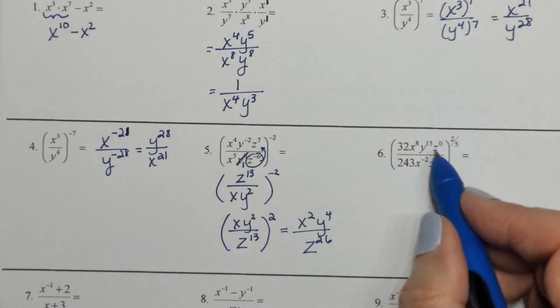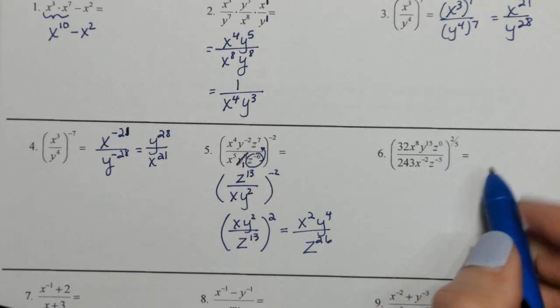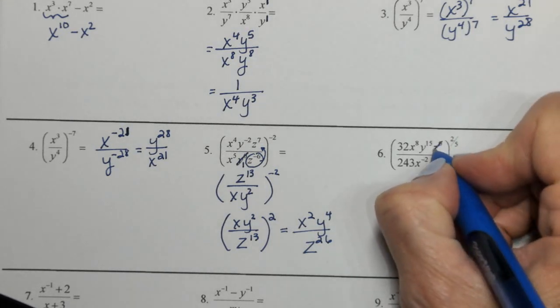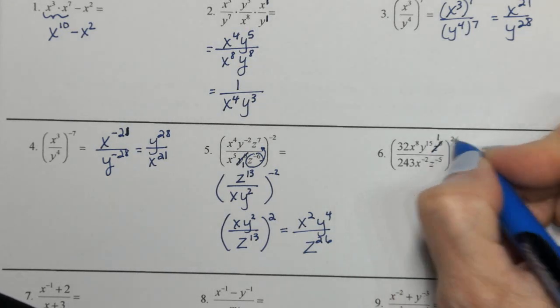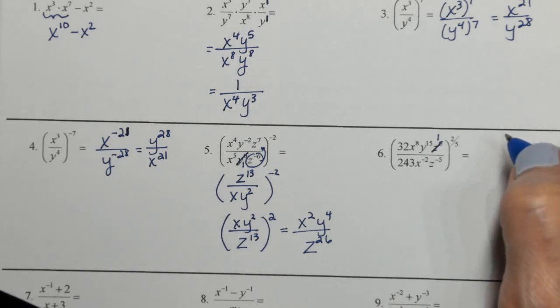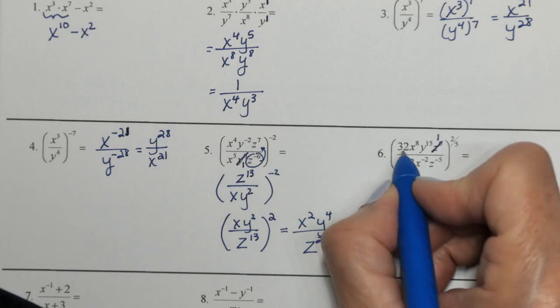All right, what if we have a fractional power here? Well, the first thing I see is something to the 0 power. Something to the 0 power, I'm going to get rid of that. It's just a 1. Okay. And then what do I see next to do?